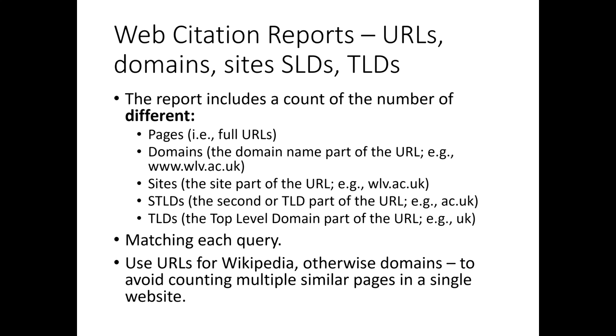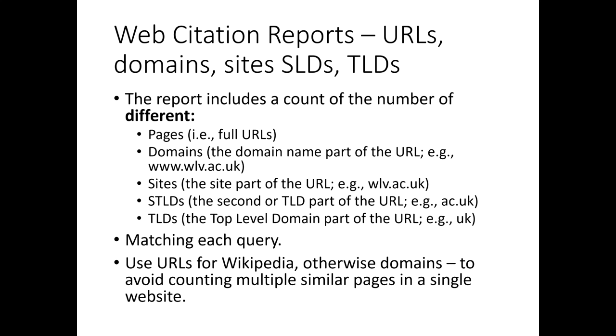The Reports menu this time is going to be much bigger than the Reports menus of previous times, and that's because it calculates 5 statistics where the previous times only 1 statistic has been calculated. It counts the number of web pages, the number of web domains, the number of websites, the number of second or top level domains, and the number of top level domains that cite each academic article, and it gives a separate statistic for each one.